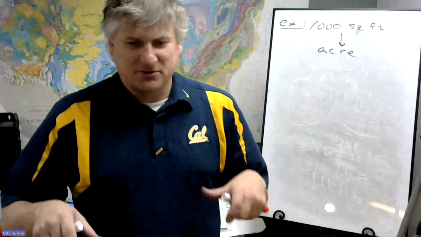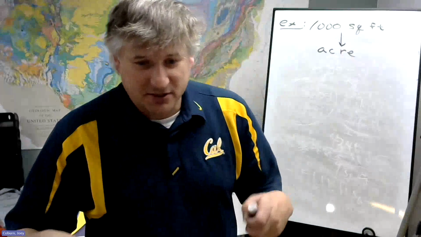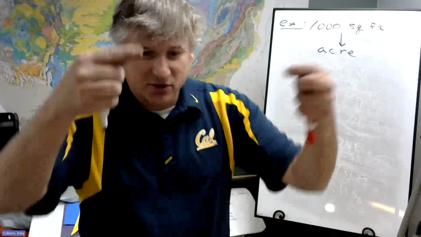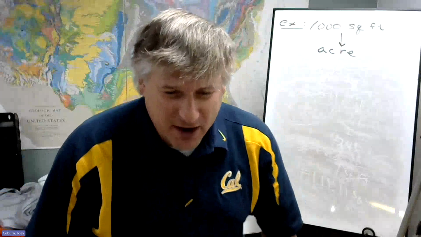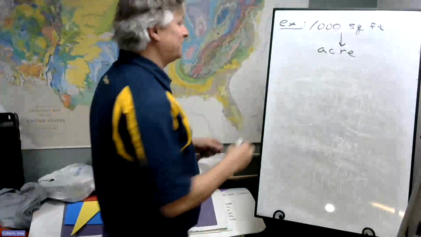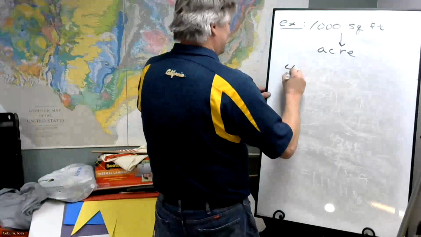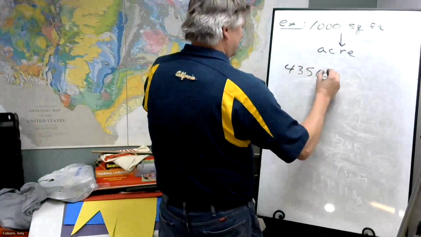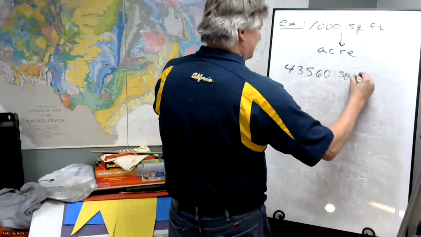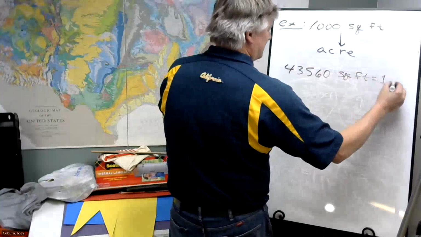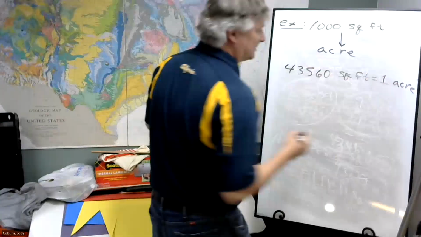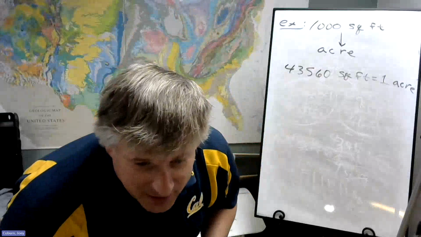You have acre and square rods, and then square yards, and then go to the next line. You're going to see 1 acre equals 43,560 square feet. Let me double check that number.